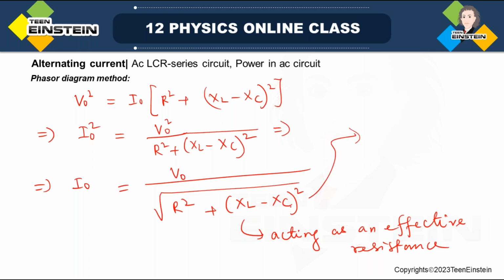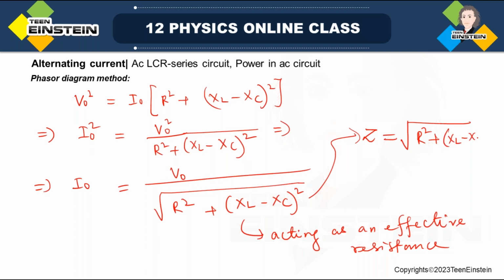This is acting as resistance, but resistance is not called resistance in AC circuit. That is called impedance, and that is denoted by Z. We had already discussed yesterday. So this is actually impedance, or rather the modulus of impedance, or you can directly write impedance.